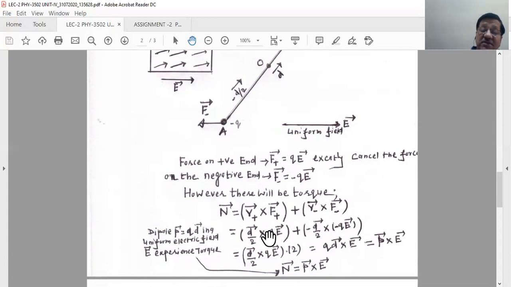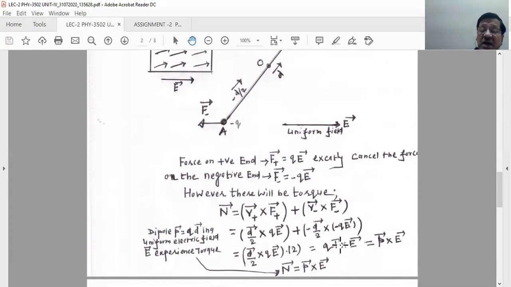And if you solve this vector product, you can simplify it. You can take the common factor: I take vector D by 2 cross QE as common, and inside the bracket you have 1 plus 1 becomes 2, and these 2 and these 2, because they are scalars, cancel each other, and ultimately you get Q into vector D cross E. But this is a very important quantity which you have studied.